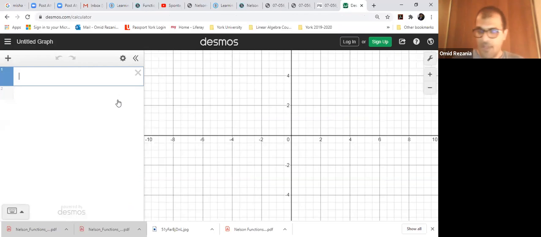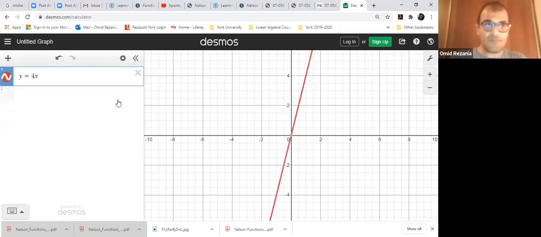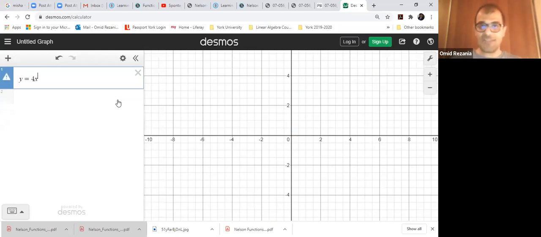Now, in our first scenario, we can plot any function that we want. As a very easy example, I'm going to plot a quadratic function, but bear in mind that its leading coefficient has to be positive. As an example, I can plot 4x, and I'm pressing shift 6, which takes it as an exponent.